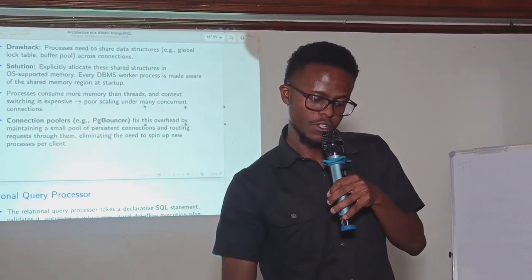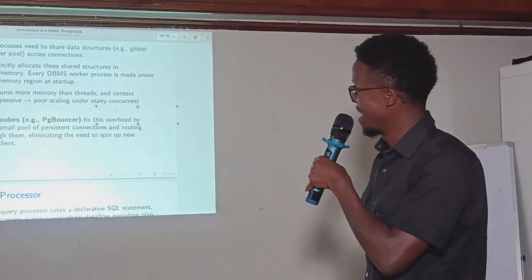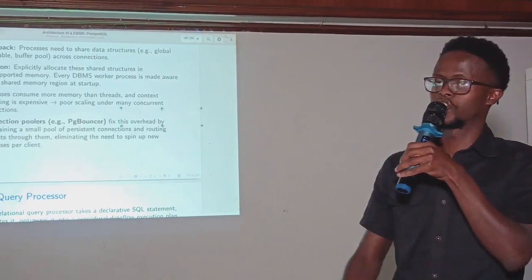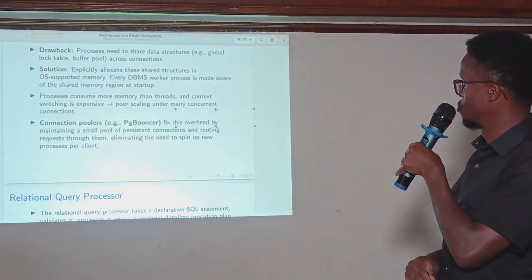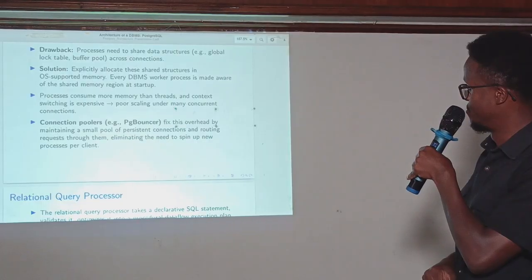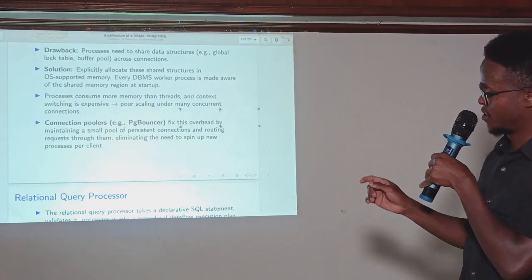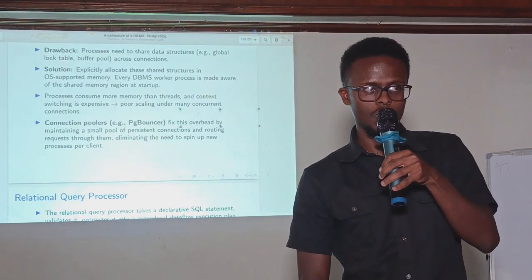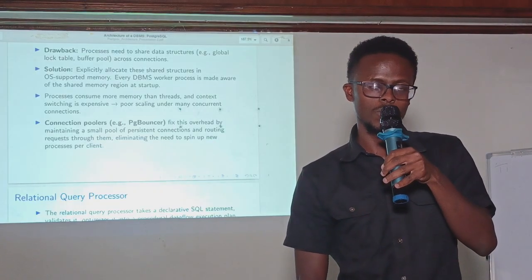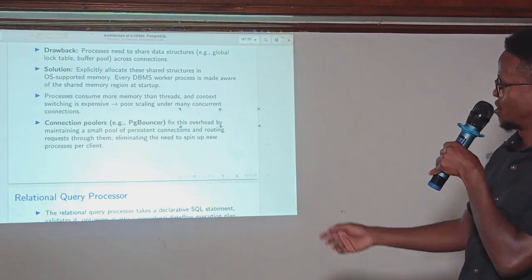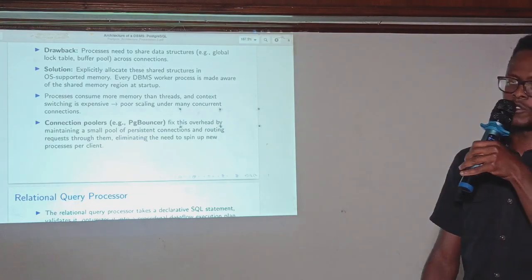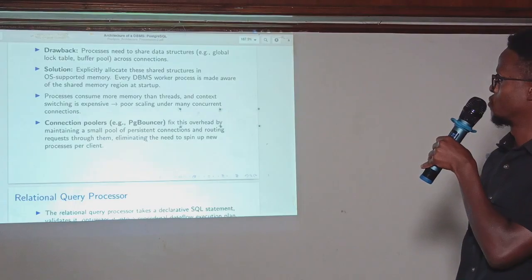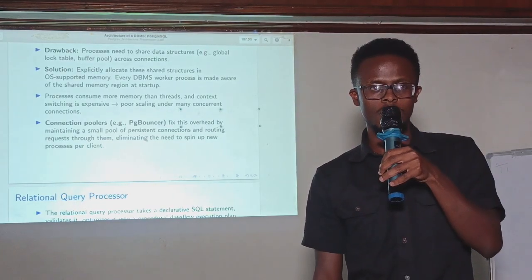The solution to this is to explicitly allocate these shared structures across all these processes. This is done with the shared buffers, which is the shared memory. In Postgres, it's called the shared buffer. Every worker process is made aware of the shared memory regions at startup.